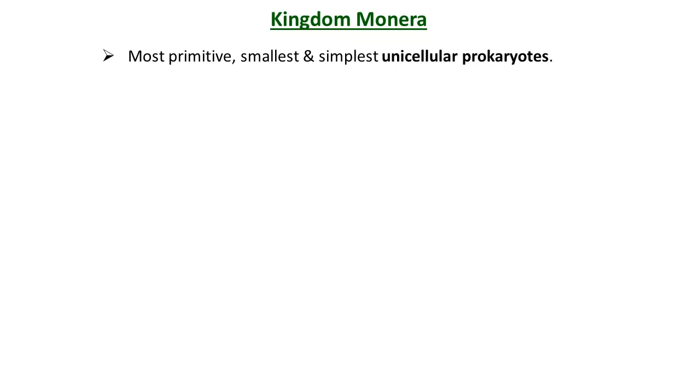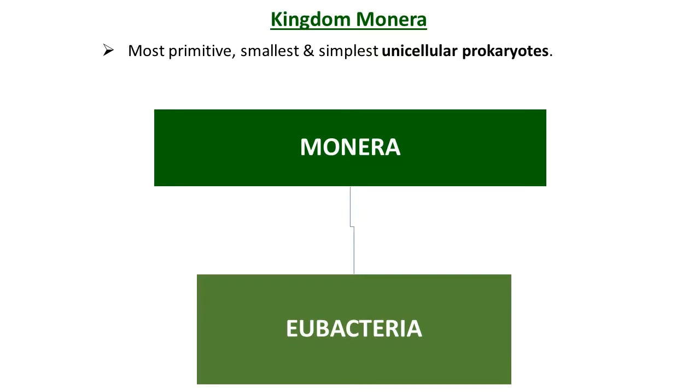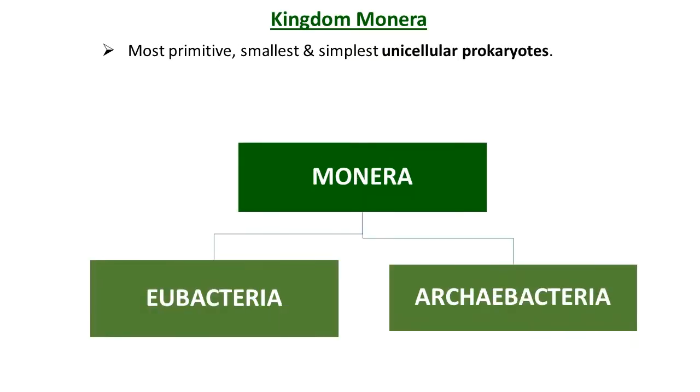Kingdom Monera is mainly divided into two groups: number 1, eubacteria, and number 2, archaebacteria. As the name indicates, eu means true bacteria, and archae means ancient bacteria.